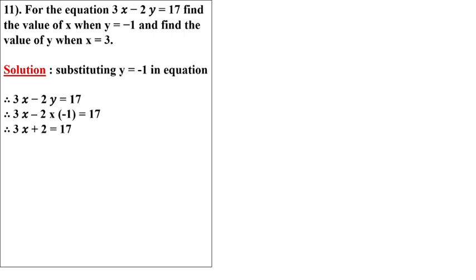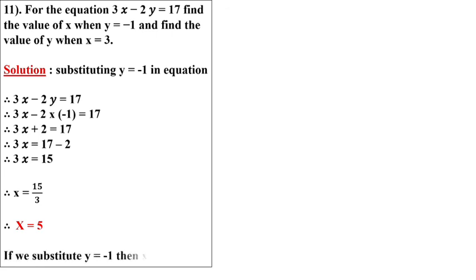So 2 ones are 2, minus minus is plus. Now +2 goes to the right side and becomes −2. Therefore 3x = 15. Now student, x = 15 divided by 3, we get 5. If we take y value −1, then the x value will be 5.